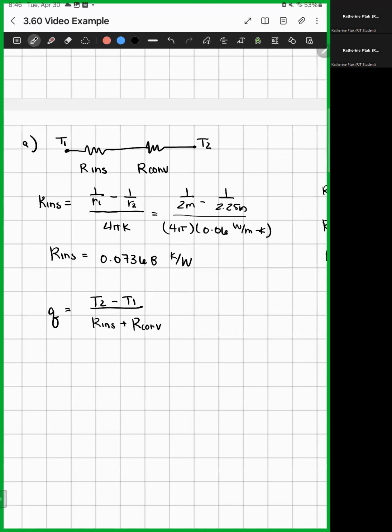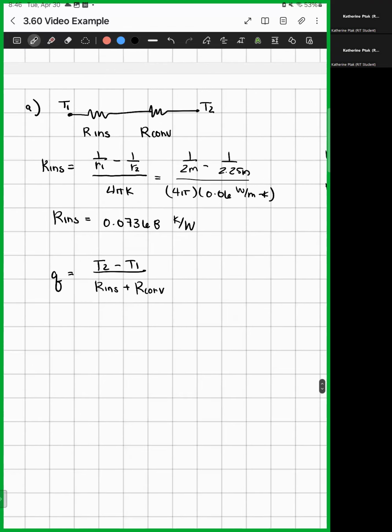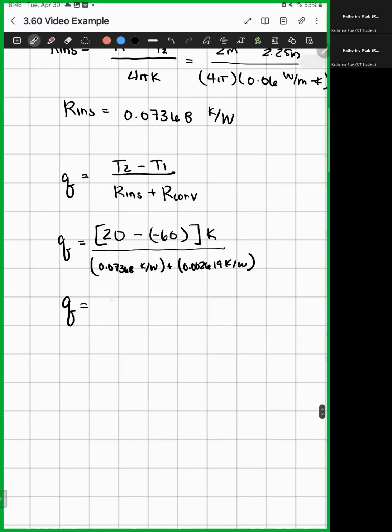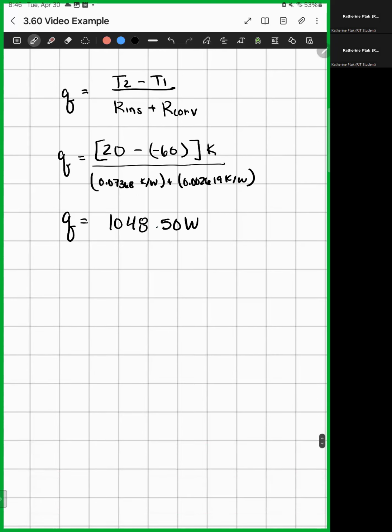Get Q. If we plug everything in, 20 minus negative 60 Kelvin is over 0.07368 Kelvin per watt plus 0.002619. Q equals 1048.50 watts.